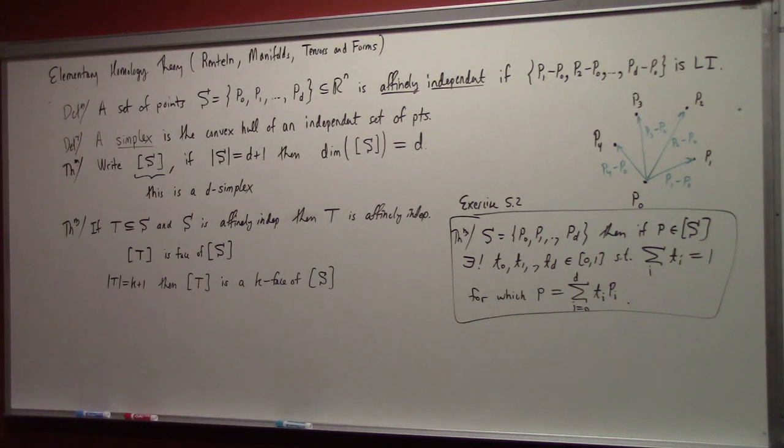So the open simplex doesn't allow for coordinates to be 0. The barycentric coordinates can't be 0, which isn't going to let you actually get to the faces. You know what I mean?